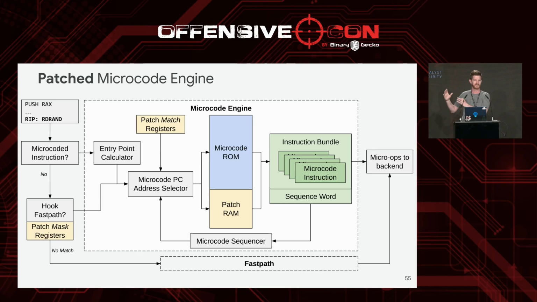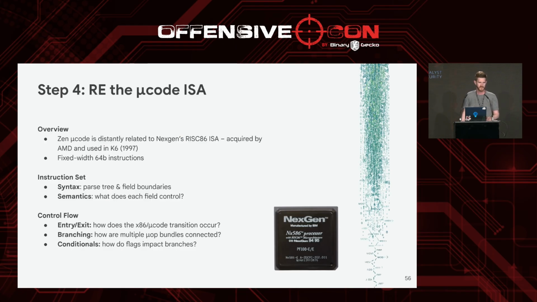It's completely separate from what the x86 instructions have access to. So it jumps to a corresponding patch RAM address if there's a match register that matches. And similarly for fast path, there's another way that you can hook those as well and then jump into the microcode.